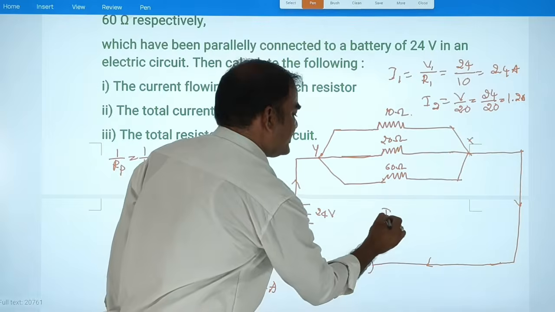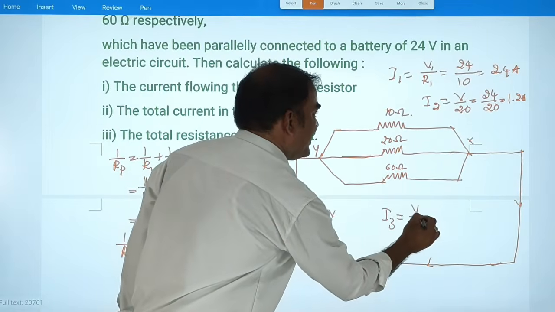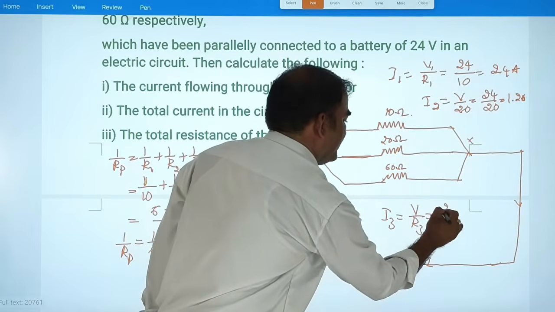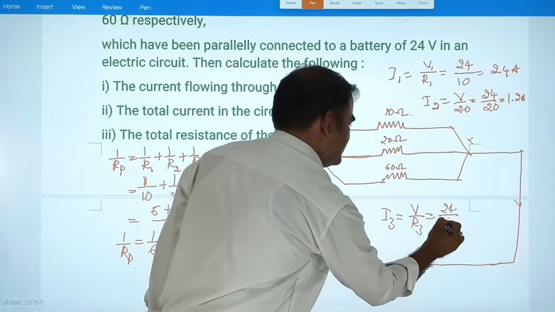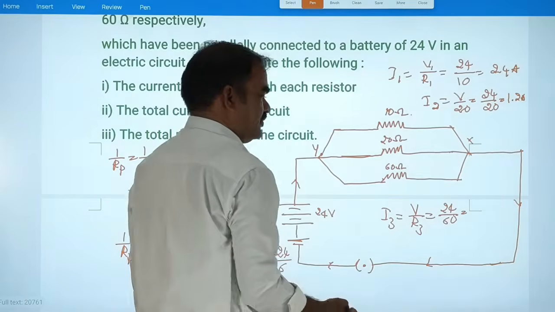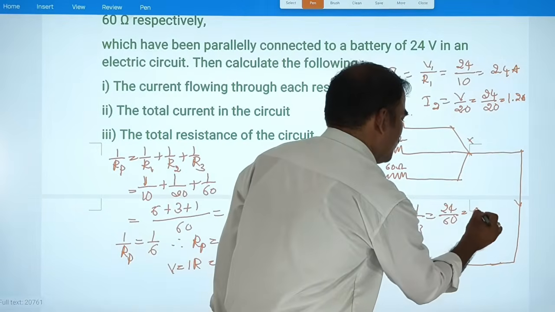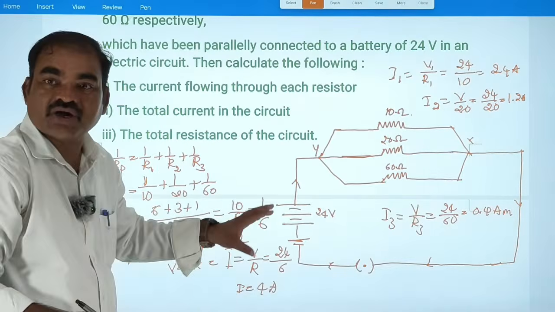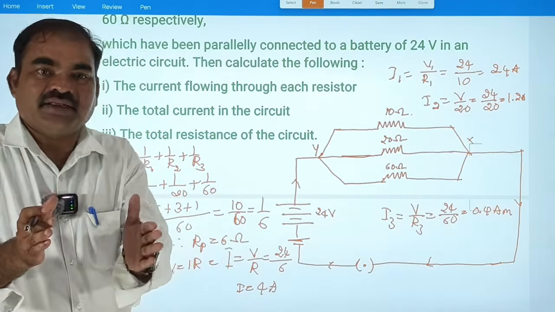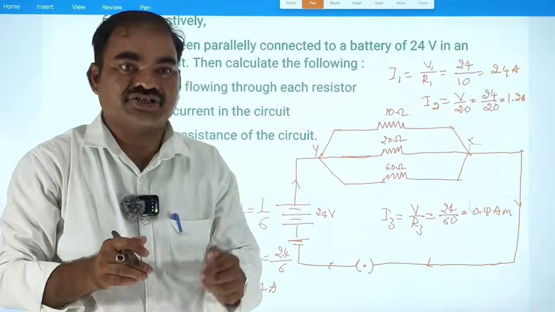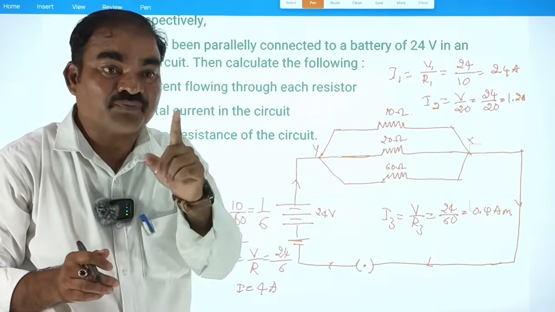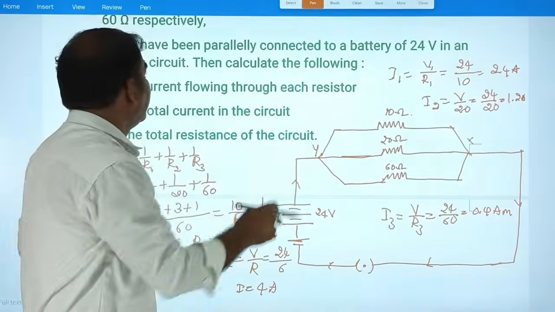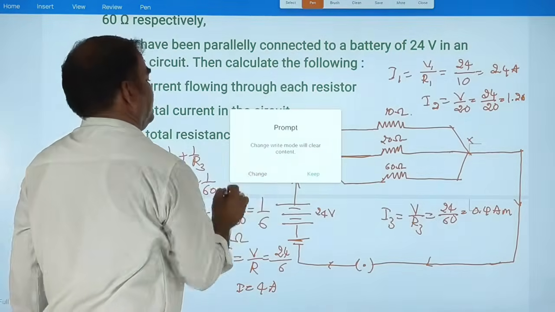And the third one, I3, equals V divided by R3, that is 24 divided by 60, which is 0.4 amperes. So this is how we can easily find the current flowing through each resistor as well as the current flowing through the whole circuit.